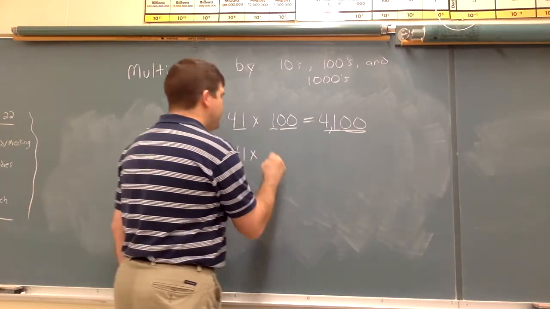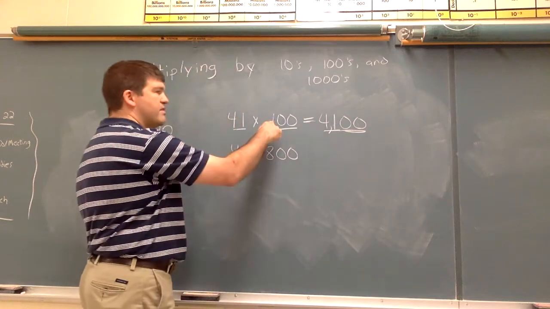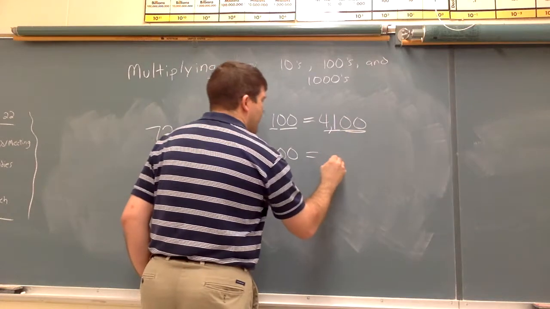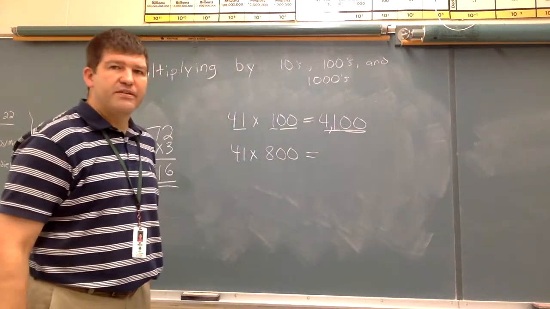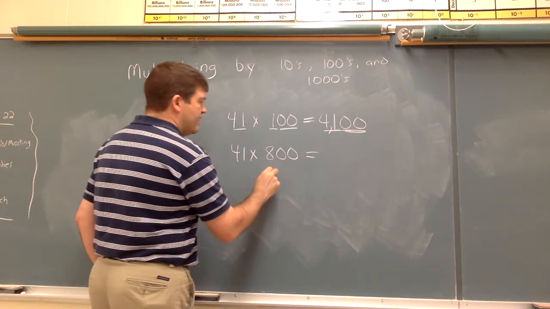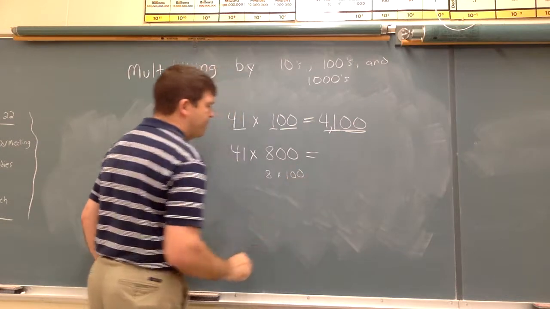Now, if I do 41 times, let's do 800, okay? So instead of 100, 800, it's going to be a lot more. And I just need to find what my factor is there. 800 is the same as 8 times 100.